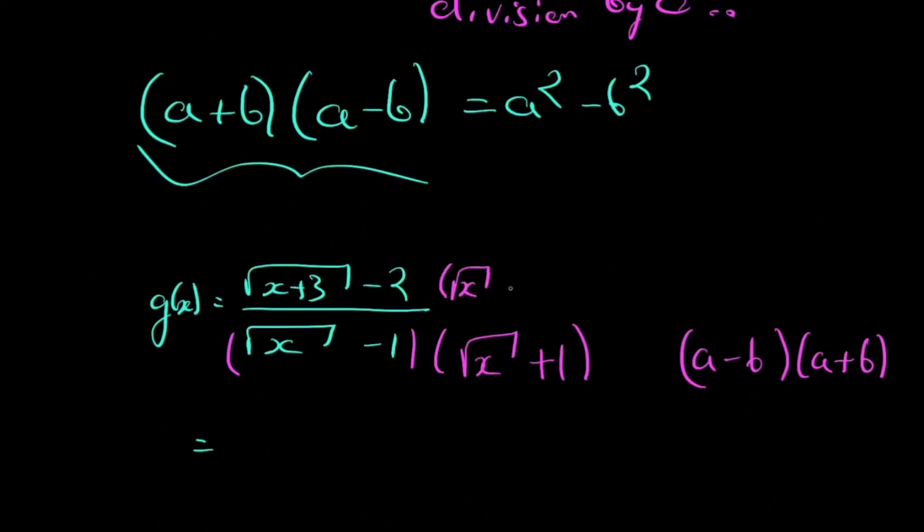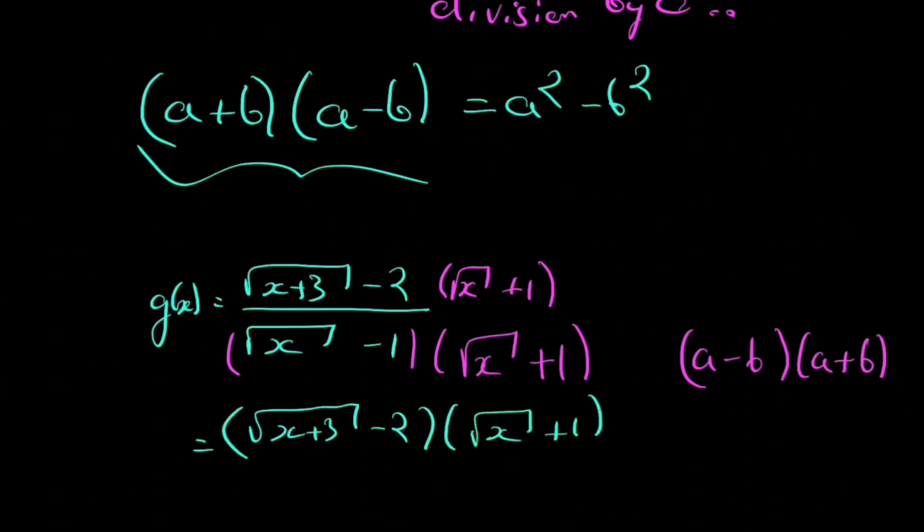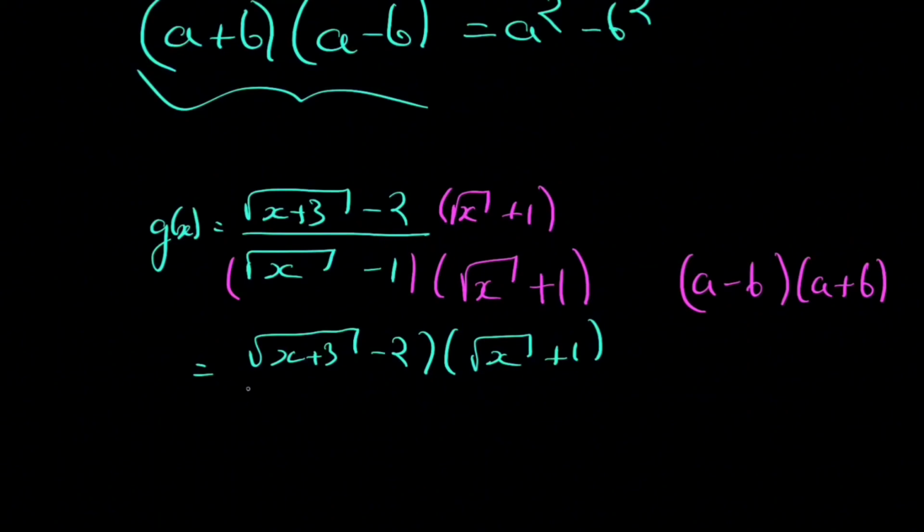Square root of x plus 1. And at the top, we've got square root of x plus 3 minus 2 times square root of x plus 1. And at the bottom, we've got x minus 1.